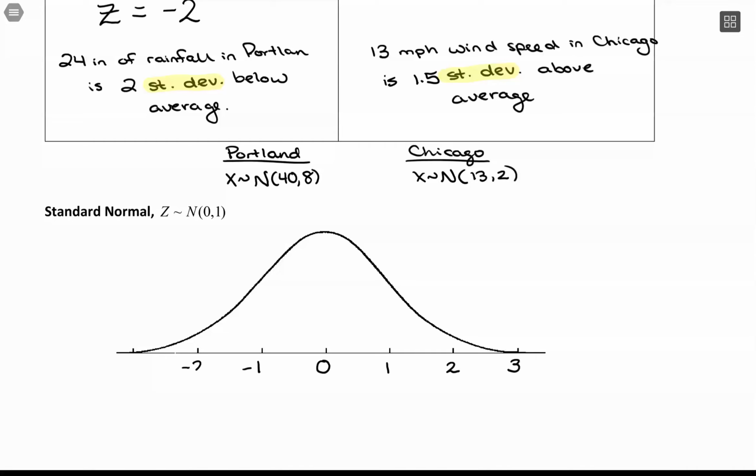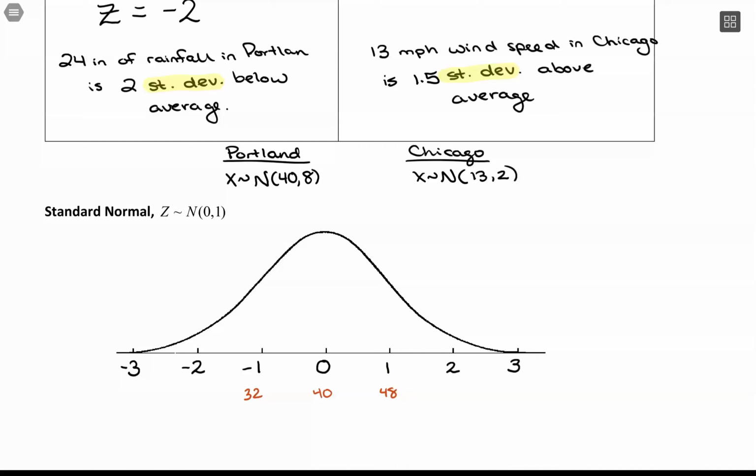Just like the number line that I started with at the beginning of this video, we expect to land at the mean, which is 0 as a z-score, landing exactly at the mean. And if this was Portland rainfall, we'd have 40, 48, and so on, where +1 represents one standard deviation above the mean.